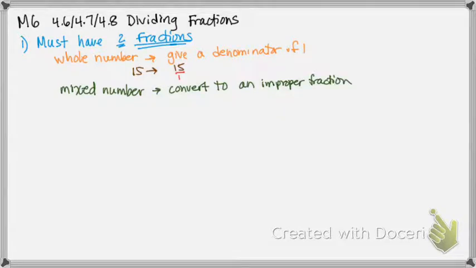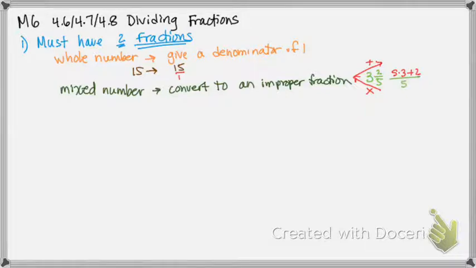So if we had something like 3 2/5, remember how we work this? We start with the denominator and we multiply up towards the whole number, so 3 times 5. Actually, let me try that the other way. 5 times 3. And then we're going to add the numerator, plus 2, and then the denominator will stay the same.